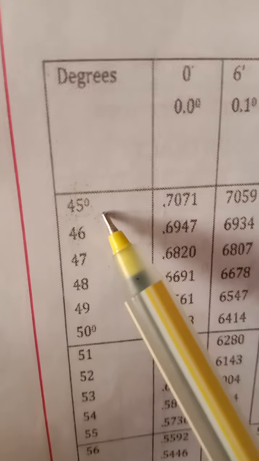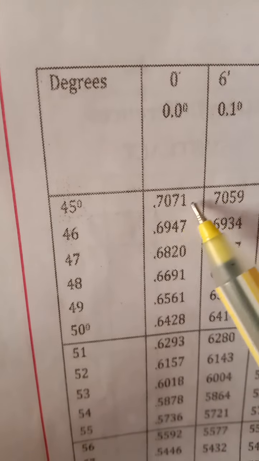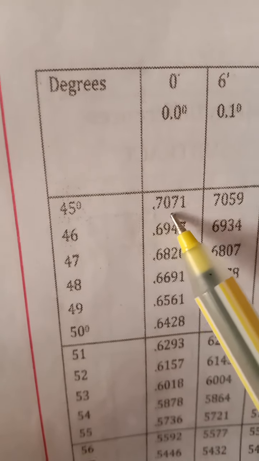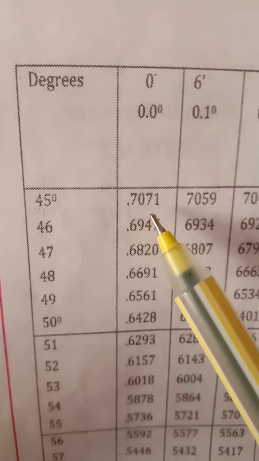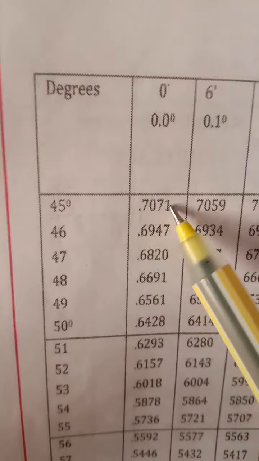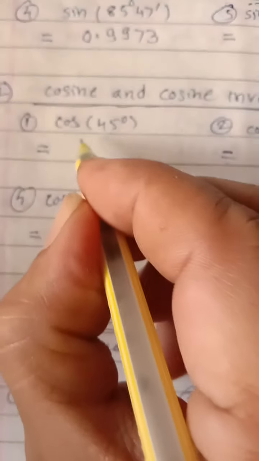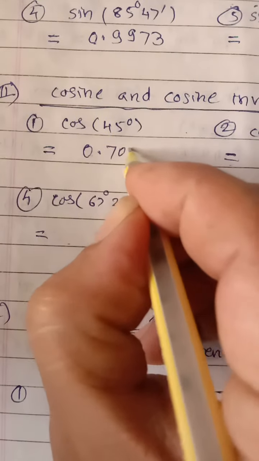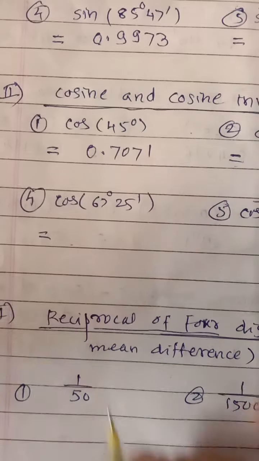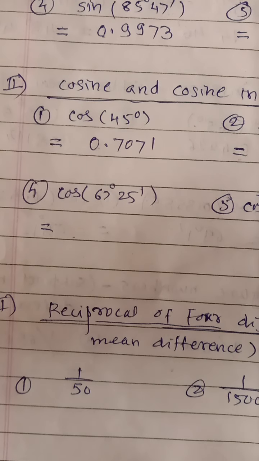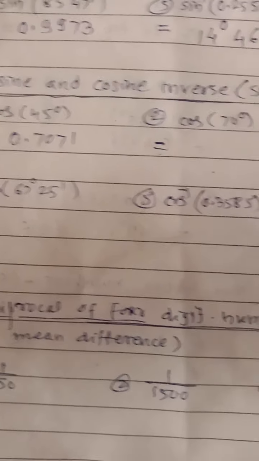So here it is 45 degree, and 0 minutes are there, therefore 0.7071 will be the value of cos 45, and therefore we can write directly here 0.7071, that is the value of cos 45.